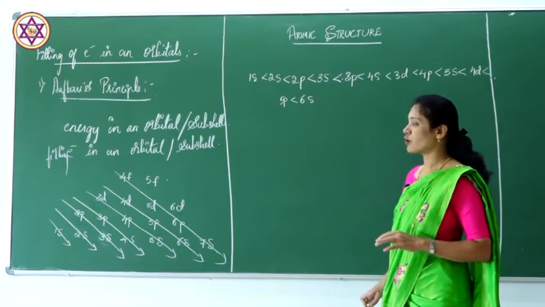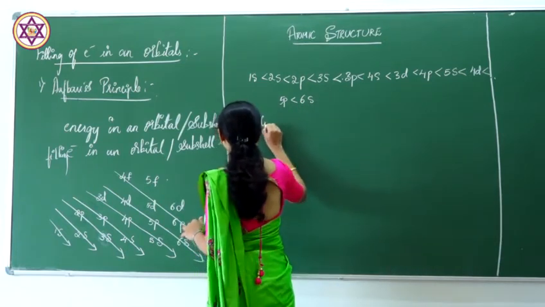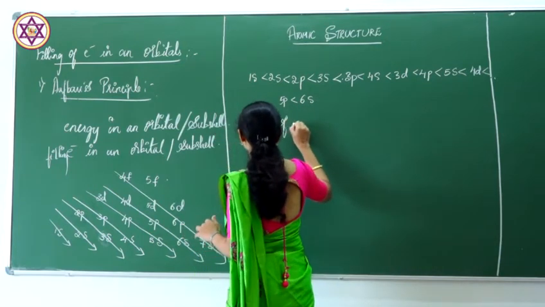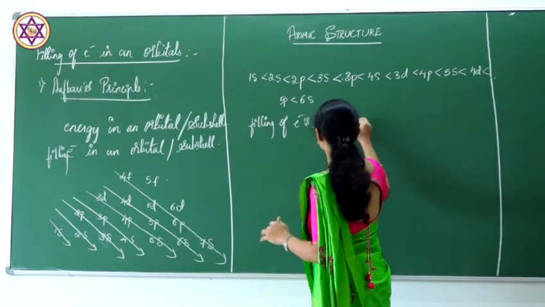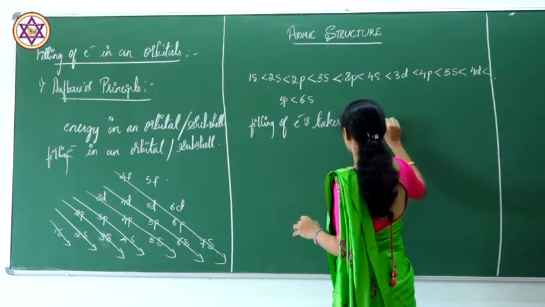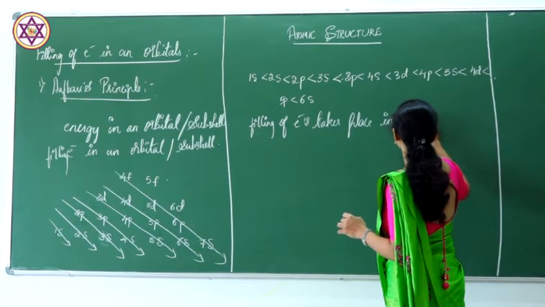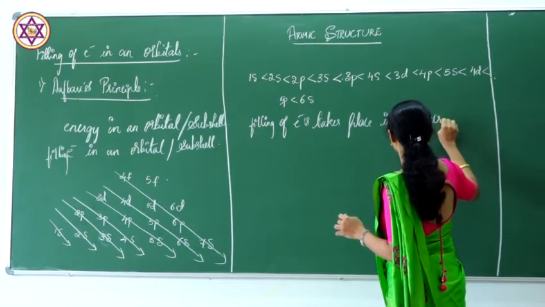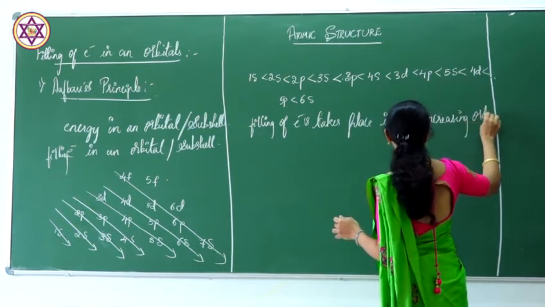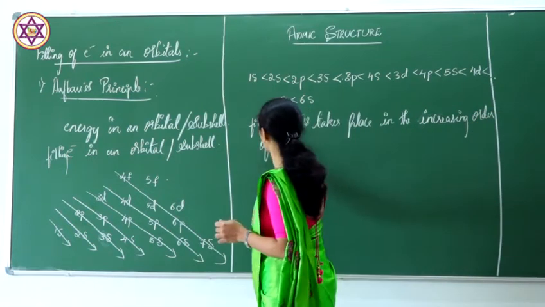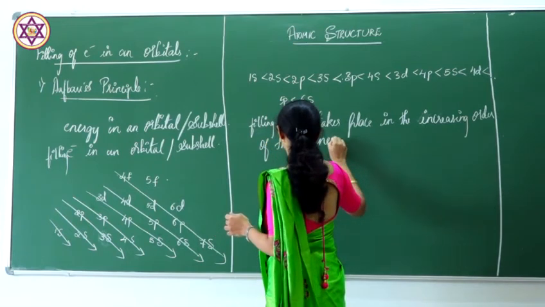This is the Aufbau principle, that is, filling of electrons takes place in the increasing order of their energies.